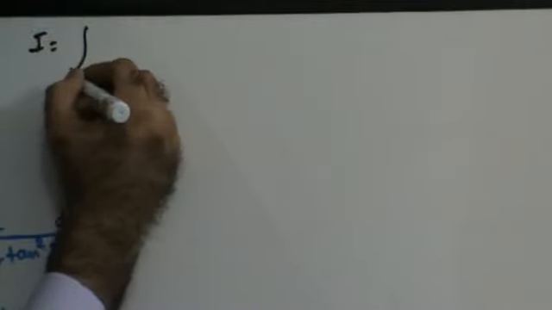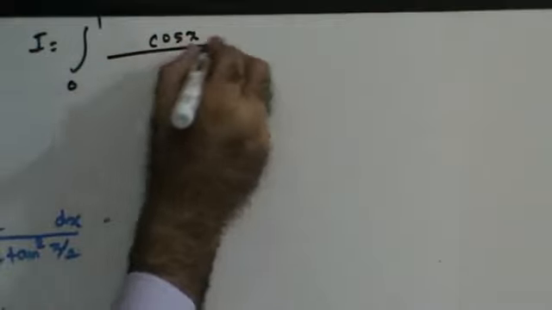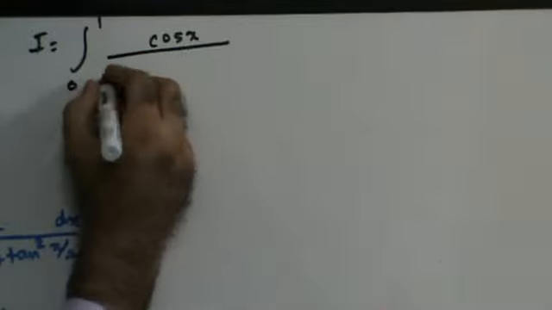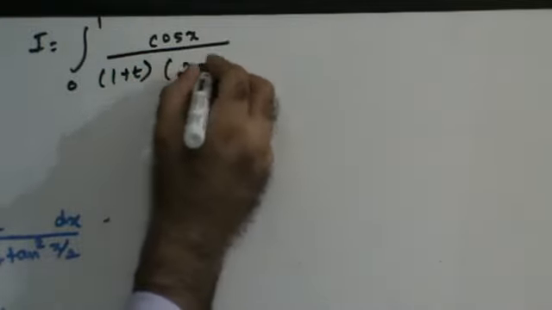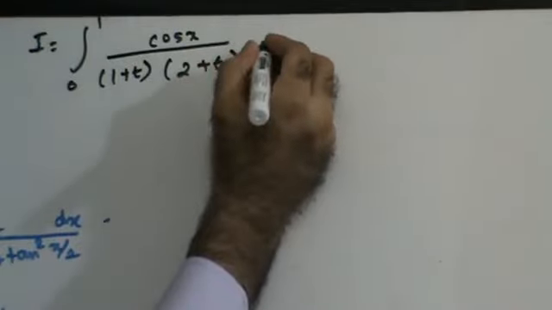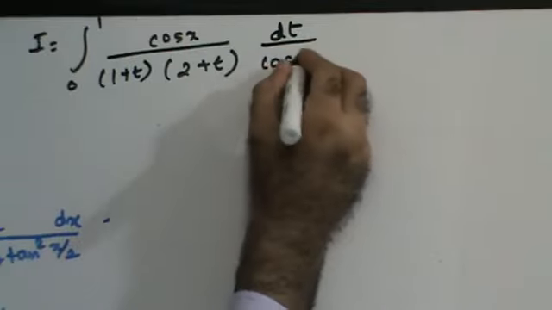Now we can therefore say that I is equal to the integral from 0 to 1 of cos x upon 1 plus t into 2 plus t, and dx can be written as dt upon cos x.